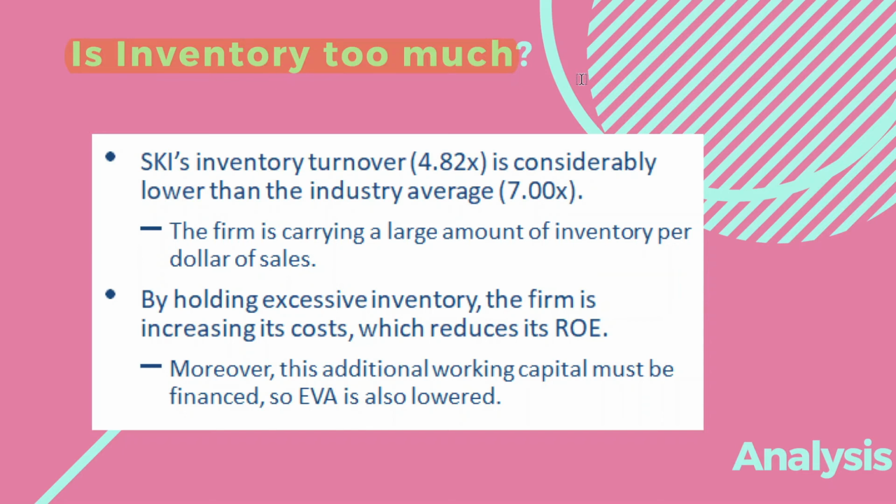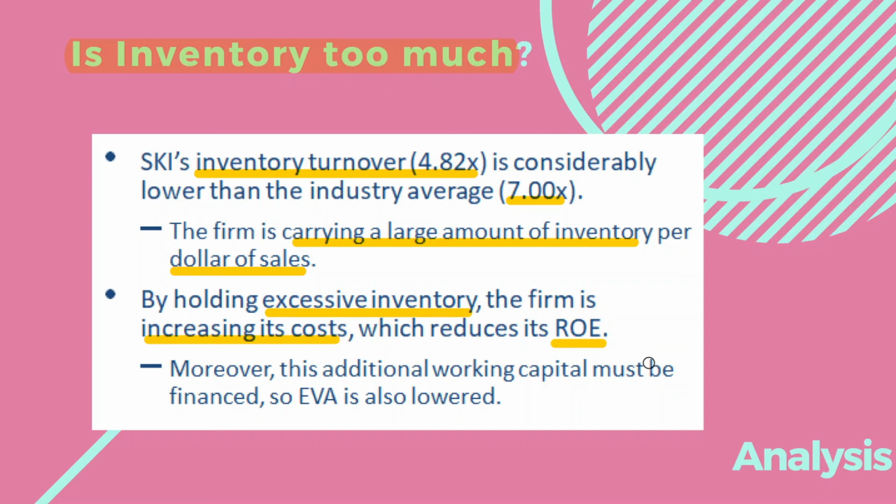Now, by looking at the analysis, the company's inventory turnover ratio is less than the industry average. We now can confirm that the company is carrying a large amount of inventory given the current level of sales. With this excessive inventory, there will be operating costs sunk into the company, which will reduce the profitability of the company.